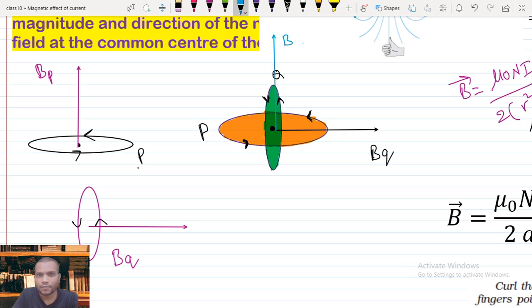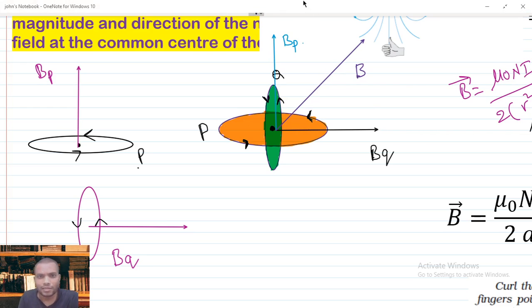Since these two are vectors, there is a resultant direction. The resultant field direction is along this direction. This is the resultant of the magnetic field due to both P and Q.